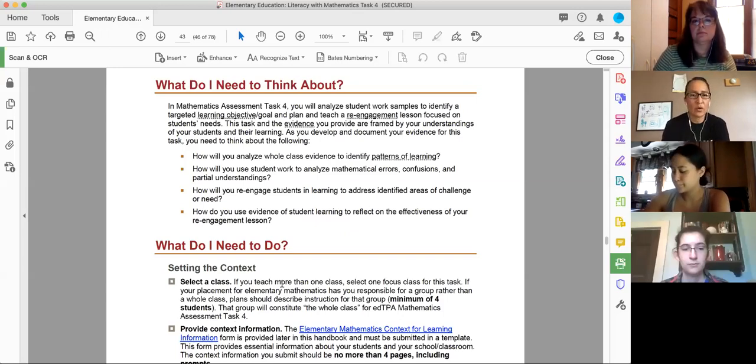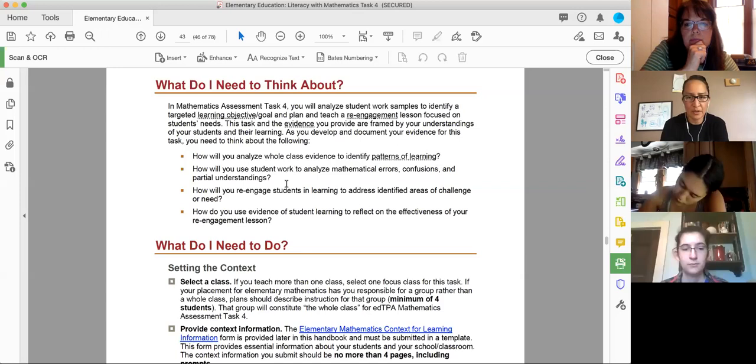Okay, so let's see. What do I need to think about? How will you analyze whole class evidence to identify patterns of learning? Okay, so assessment analysis means we want to look at how well students are understanding what we're teaching or how well we are teaching. How you will use student work to analyze mathematical errors, confusion, and partial understandings.